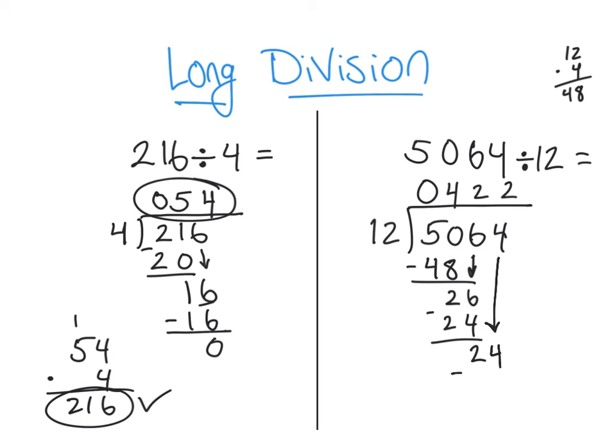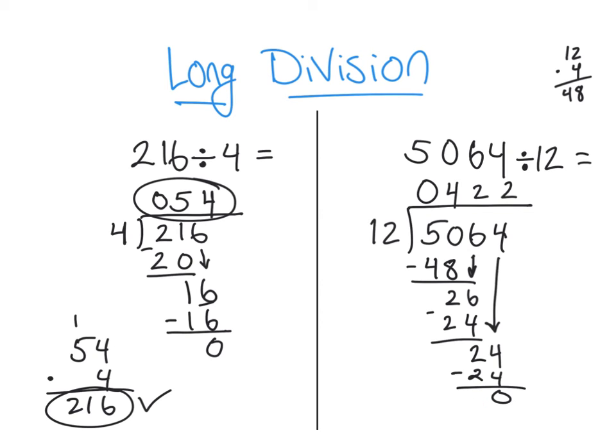And 12 times 2 is 24. And so when I subtract, I get a 0. And I now know that I'm done with the problem because there's nothing left to bring down in my dividend. And I know that there's no remainder, that this went in exactly because there is a 0 left over.